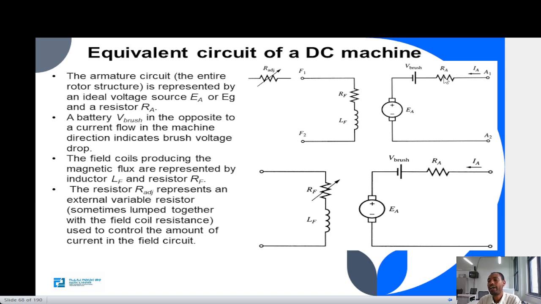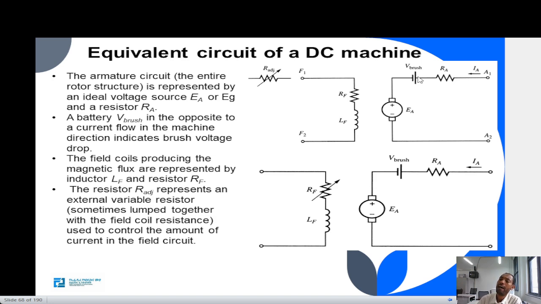RA. And in some references, you may consider the brush voltage drop. The voltage which is dropped across the brush can be represented with a voltage source, opposite to the current flow, just to indicate the drop. So the voltage drop in the brush can be incorporated in the model.